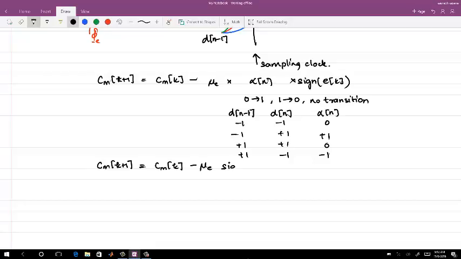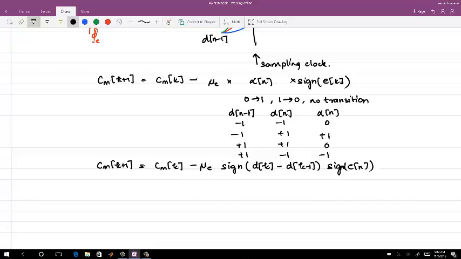Now I am writing alpha n as sine of d of k minus d of k minus 1 times sine of error of n. You can check this: d of k and d of k minus 1, if both the bits are the same, this basically turns out to be 0.